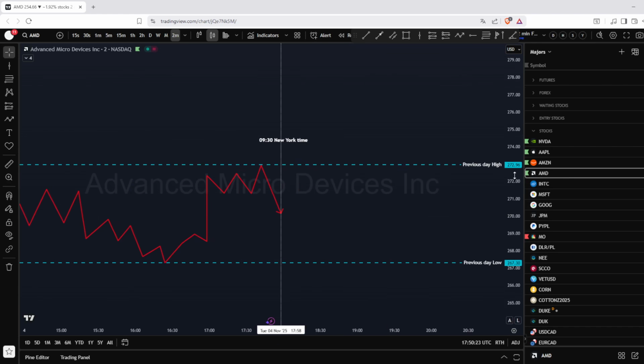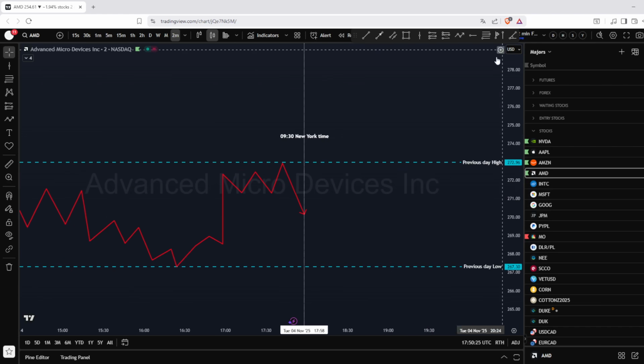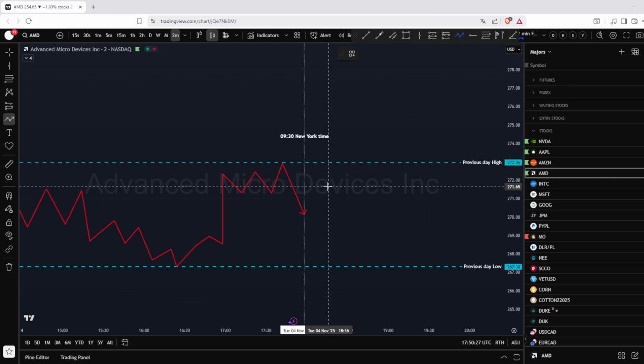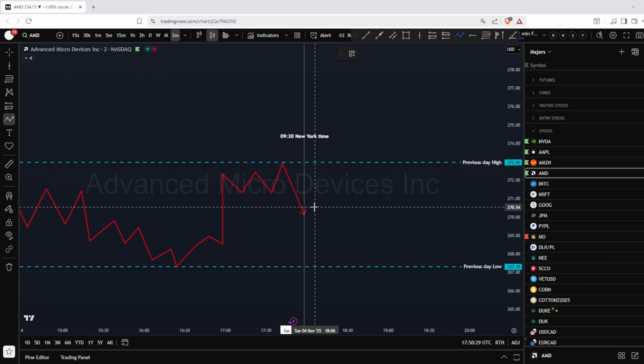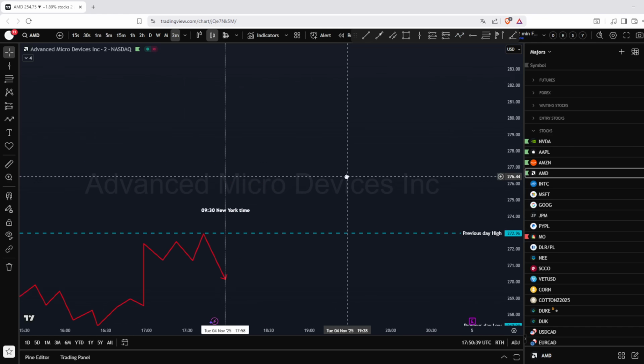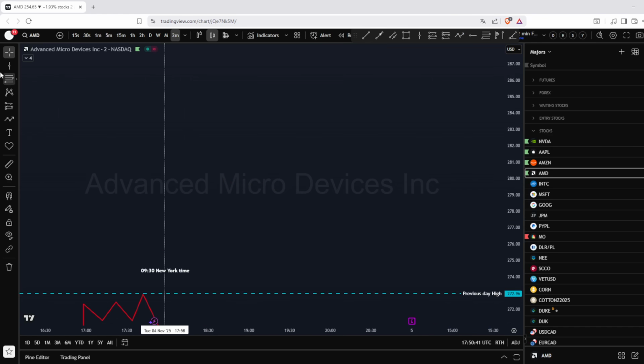What do I expect? I expect that the market does a rejection pattern on those levels or a continuation pattern. And what are those patterns?